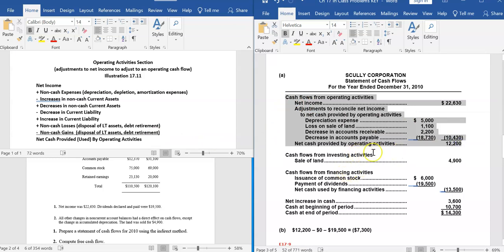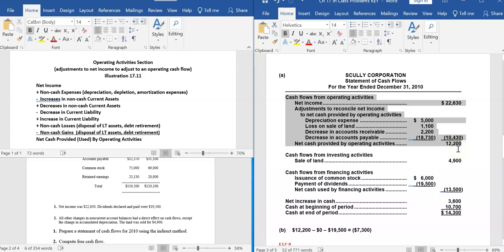So let's calculate cash provided by operating activities. We started with net income, and we had some adjustments added to and some adjustments subtracted from net income. When I combine the net income with the total of the adjustments, I end up with a positive $12,200.